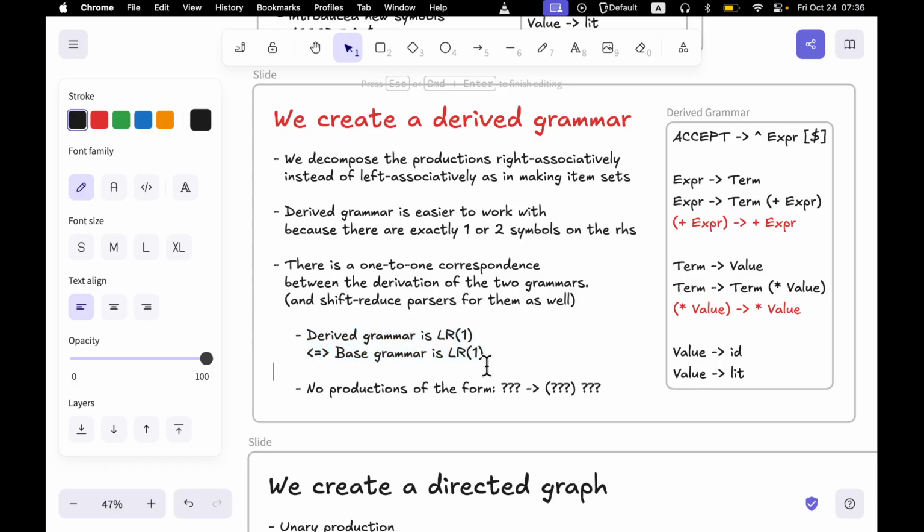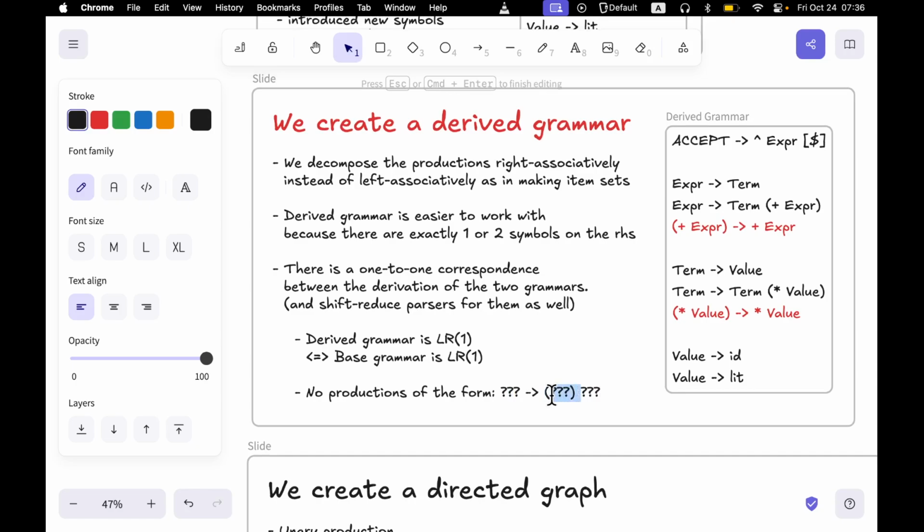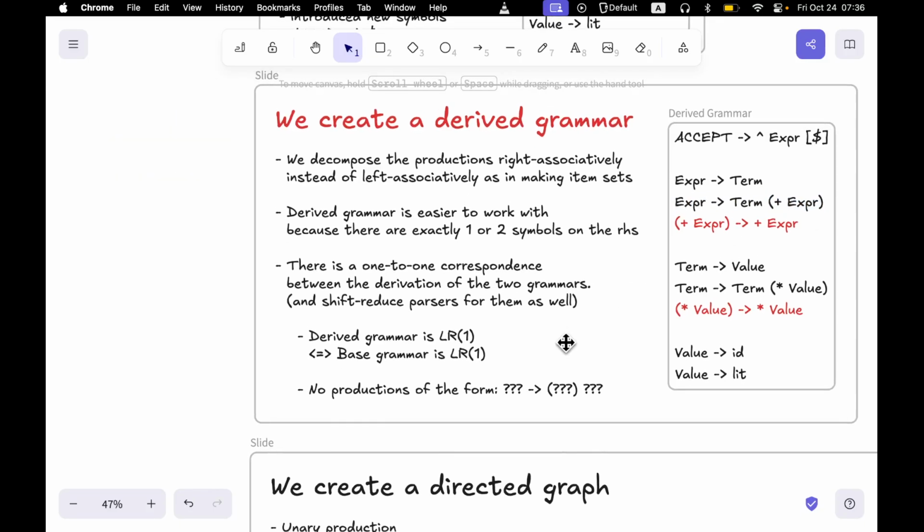In the process of proving this, you'll use the fact that there are no predictions of the form any symbol produces a parenthesized symbol followed by any other symbol, because the parenthesized symbol represents any suffix of a given rule. It can only appear as the last symbol of any given rule. I hope that made it clear.